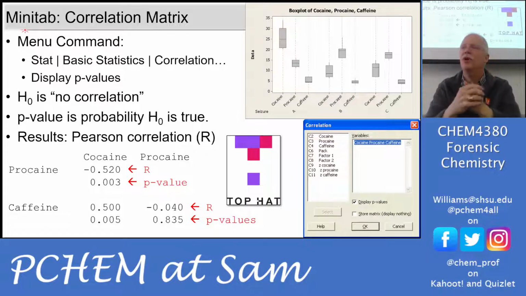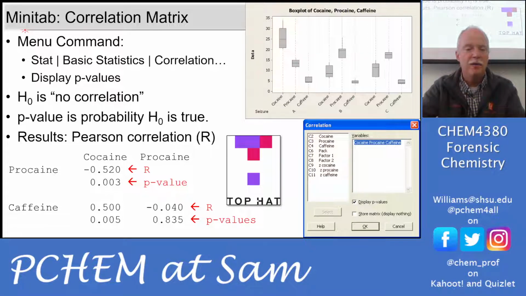So it's a pretty strong correlation. And then the p-value is the probability that this correlation is 0. It's 0.003, so it's a pretty small probability that this correlation is 0. So it's saying it's a strong negative correlation between cocaine and procaine.